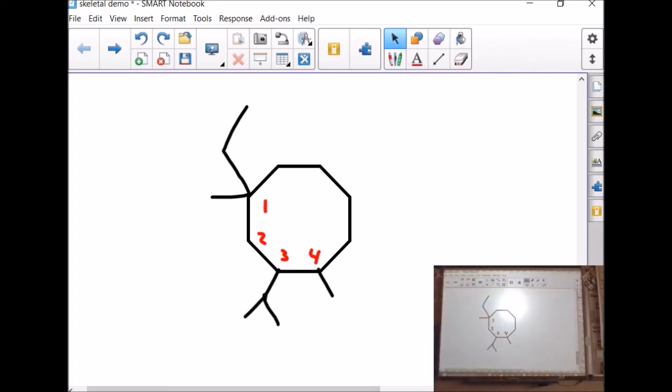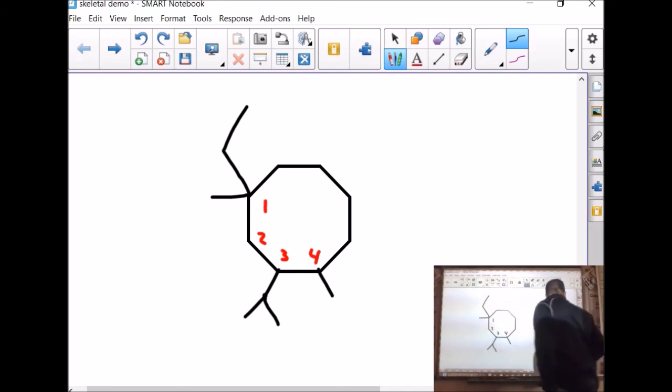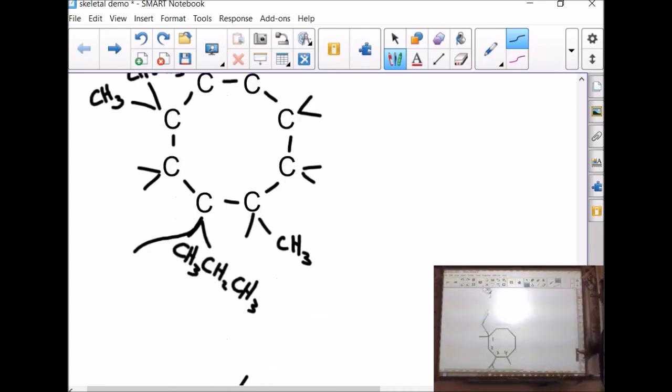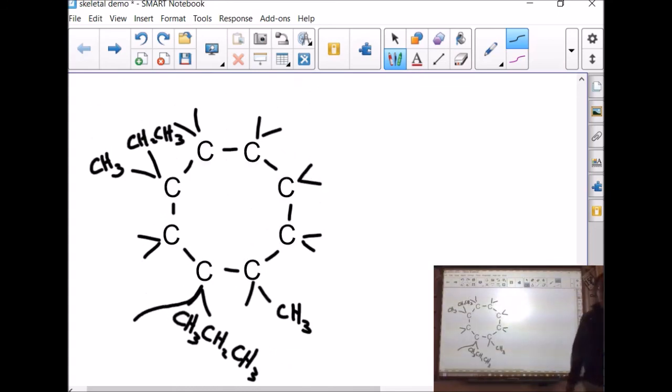Okay. So the key here is, and again, nothing wrong with counting with your finger. I do that often when I'm doing the skeletal. But the beautiful thing is, we don't have to, and this is the way we're going to draw these shapes from this point forward. Hopefully once you get into organic chem, once you get into college, you're going to go right to this instead of going, do we have to draw all those carbons and hydrogens?